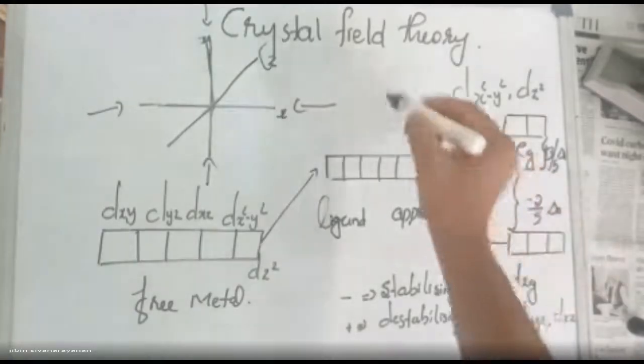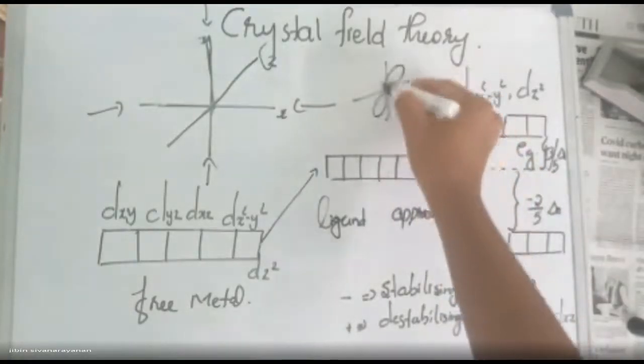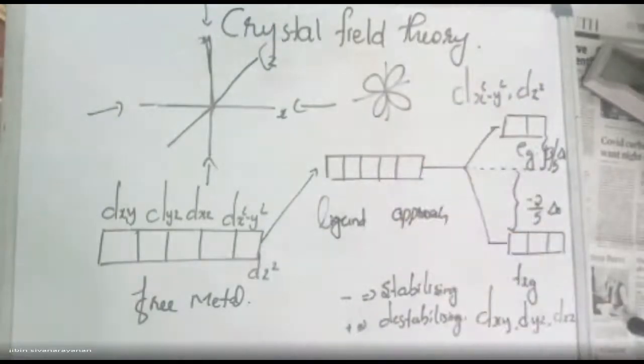Some of them are present in the plane, so they are not much affected by the approach of the ligand. So in order to minimize this repulsion, the metal d orbitals in the axis will go to a higher energy.